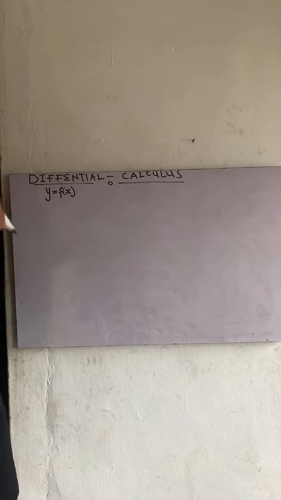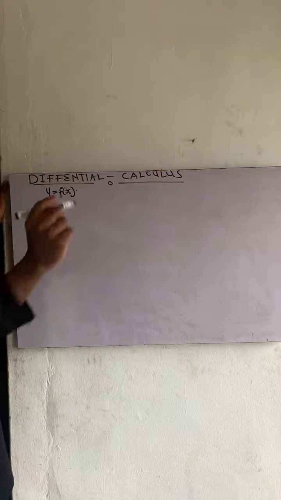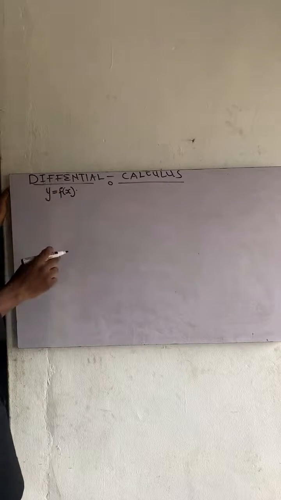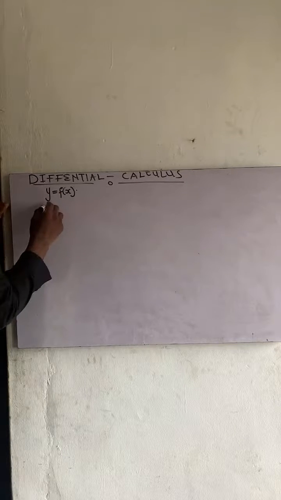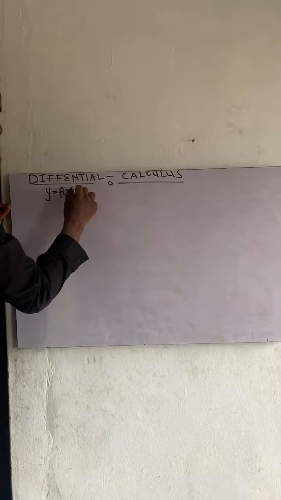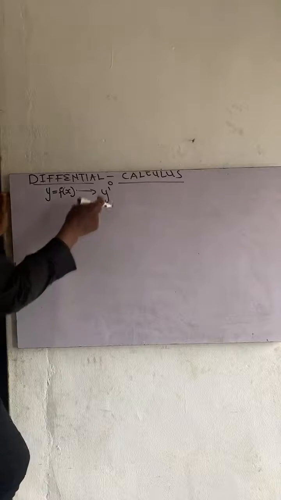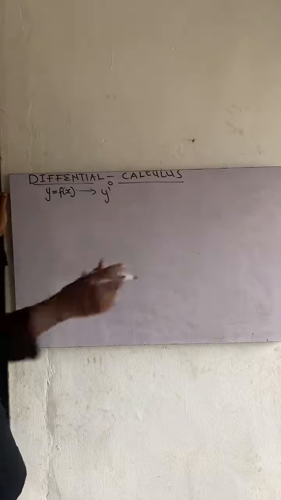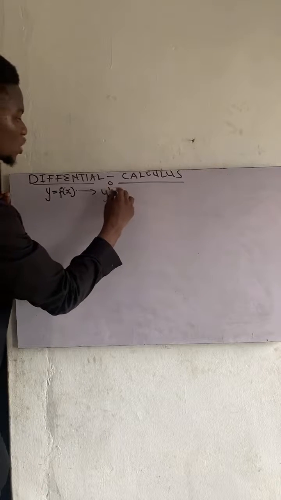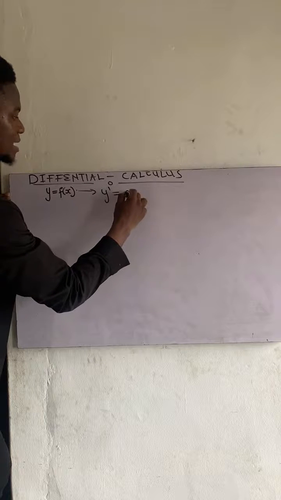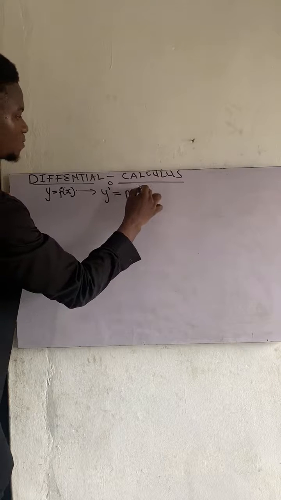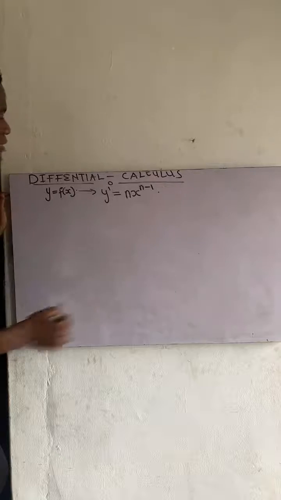If y is the particular function we are dealing with, the function we are going to derive from it would be represented as y prime. The general formula for getting our y prime is nx raised to power n minus 1.